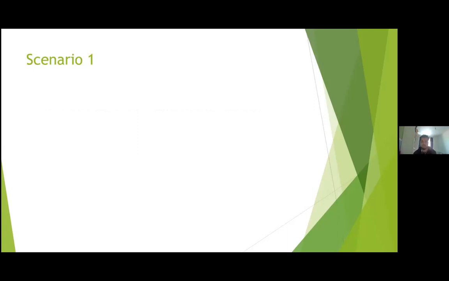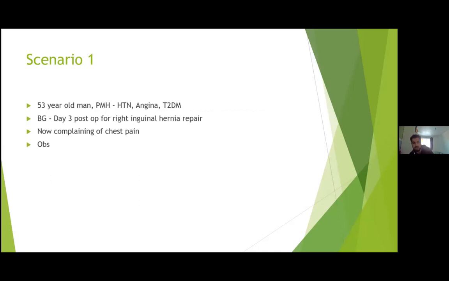So now the plan is to do a couple of quick scenarios of what happens on call, what scenarios you come across, and see how we deal with them. The first case: we've got a 53-year-old man, past medical history of hypertension, angina, type 2 diabetes. He had an operation 3 days ago for a right inguinal hernia repair.